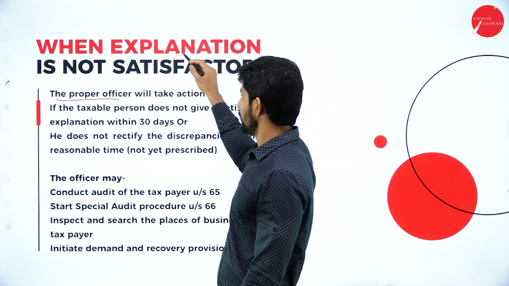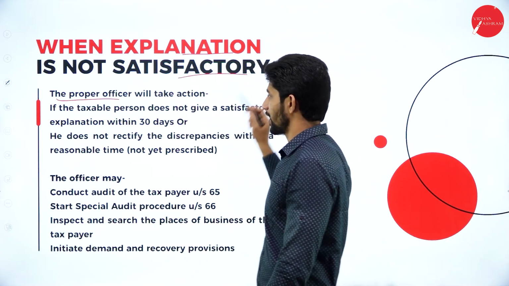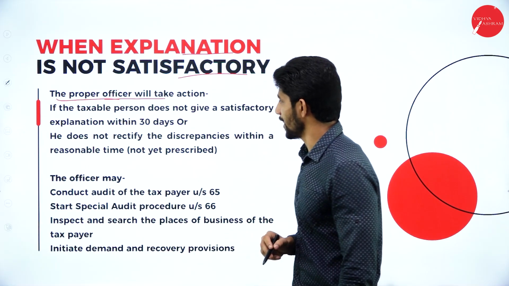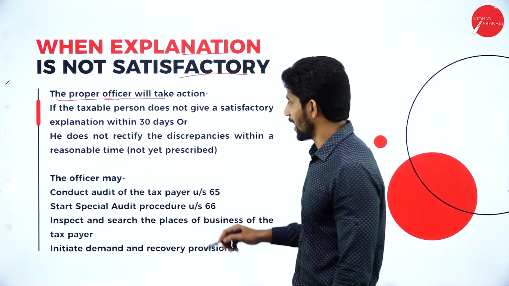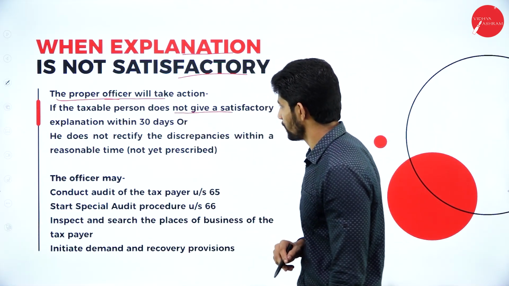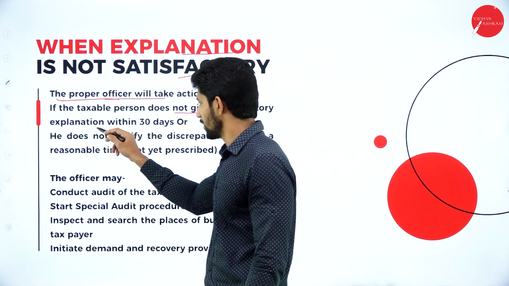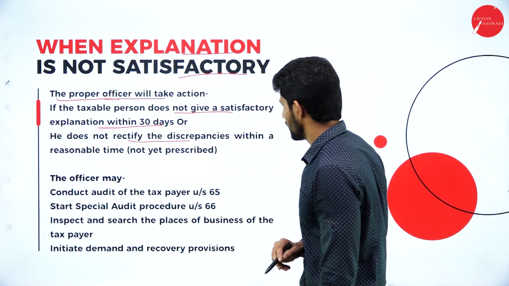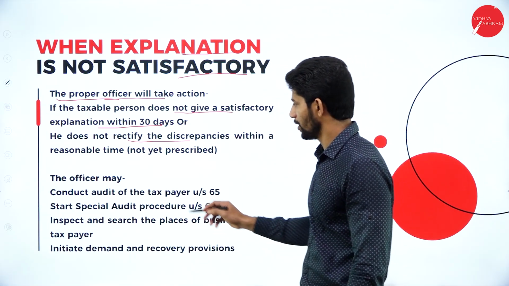In case the explanation is not satisfactory, then what will he do? The proper officer will take action if the taxable person does not give a satisfactory explanation within 30 days or if he does not rectify the discrepancies within a reasonable time.